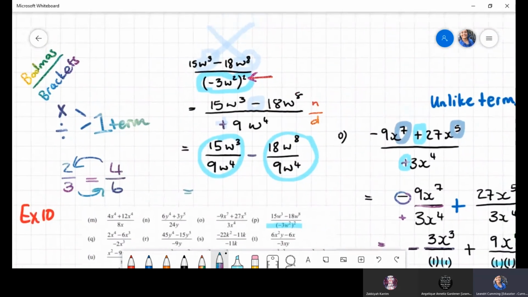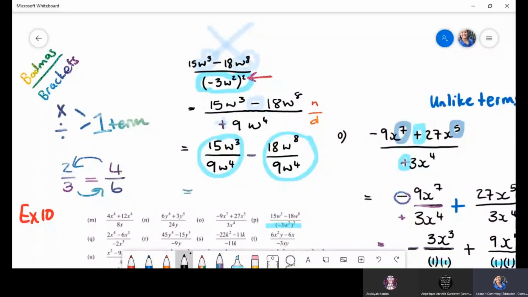So let's go back to 15w to the power of 3, and I will simplify this fraction using a factor of 3. Immediately I put my little division line down, because I don't want to make any mistakes. And I go straight into saying, what can go into 9 that can go into 15, and that's 3. 9 divided by 3 is 3. 15 divided by 3 is 5.